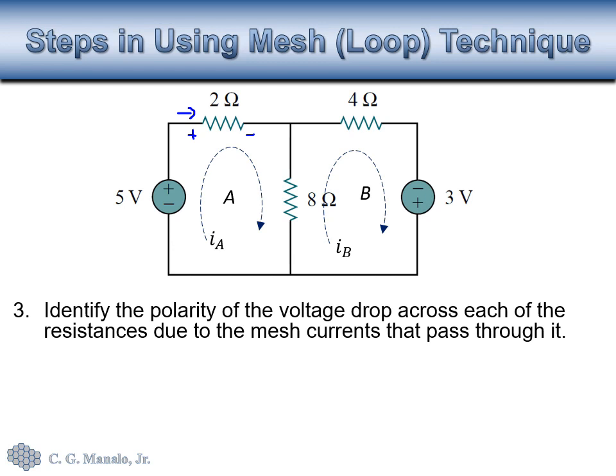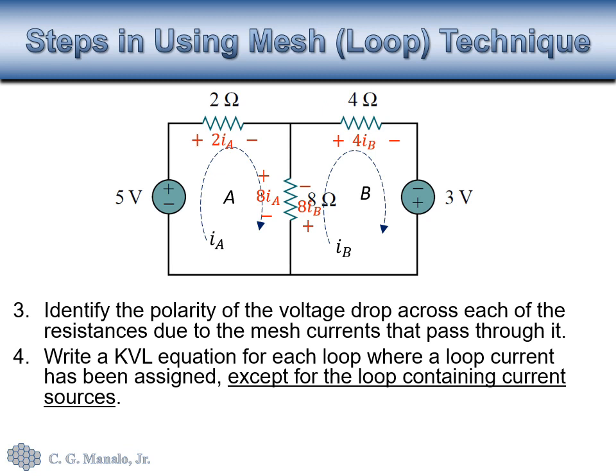For the 8 ohms, there are two loop currents. The voltage drop due to IA has the positive here and the negative here, and for I sub B, the positive should be here, and the negative should be here. For the 4 ohms, the current I sub B is moving in this direction, so the positive should be here and the negative here. We don't need to label the independent voltage sources since they already have their own polarities.